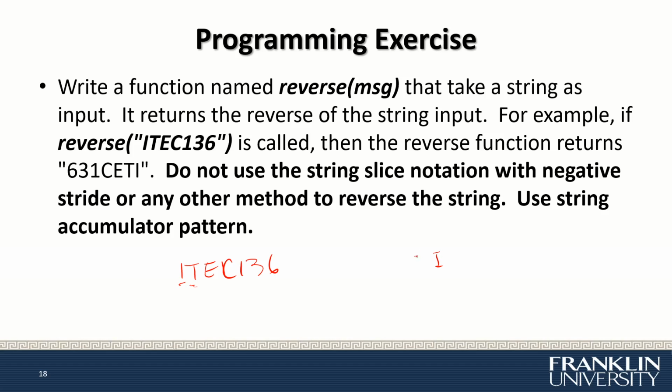I put the T in front of the I. Next, I get the E. I put the E in front of the T. And then C, I put the C in front of the E. And then 1, and then 3, and then 6. What you notice is, instead of adding the character to the right, I add the string to the left. Pay attention to that little detail.